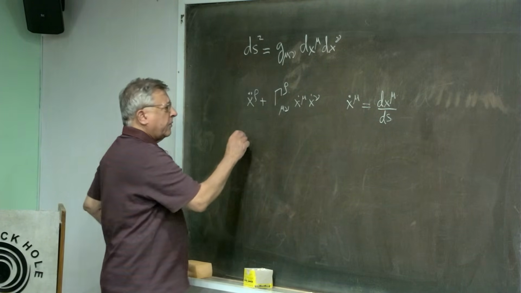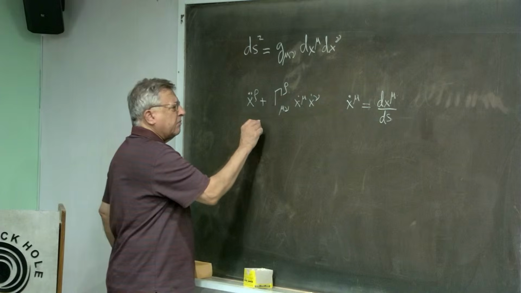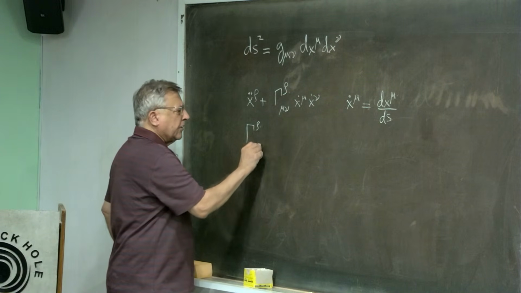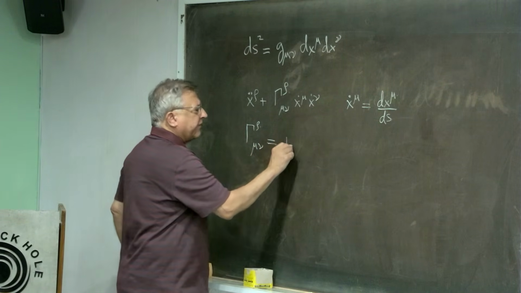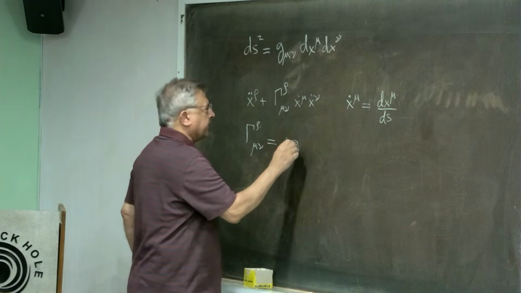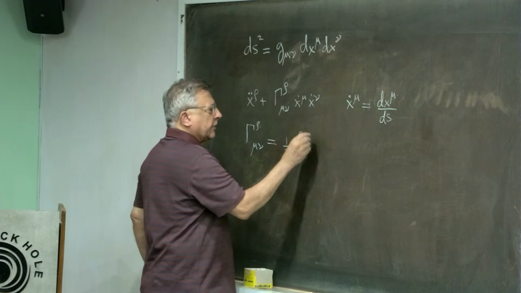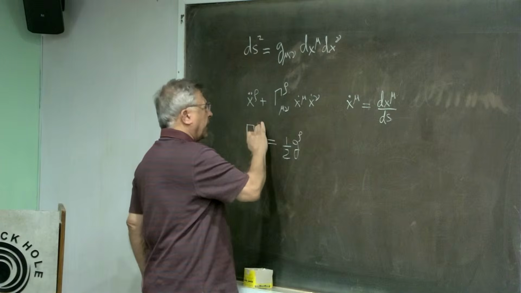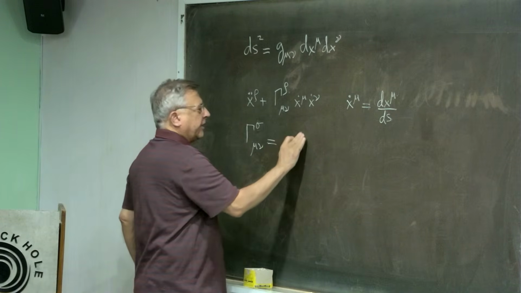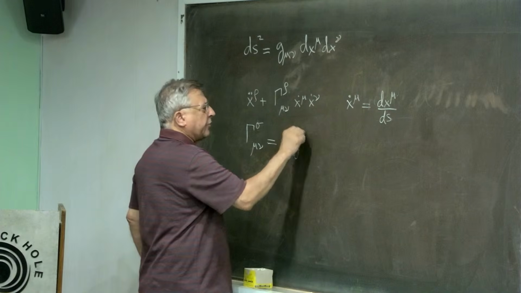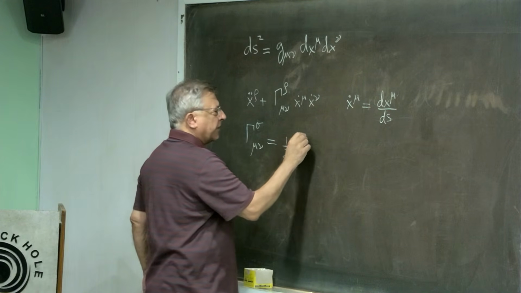And after some little effort, not much, we found that this was half G, let's call this phi. It doesn't matter what you call the indices, but you've got to be consistent.